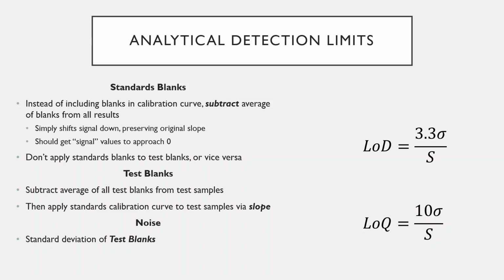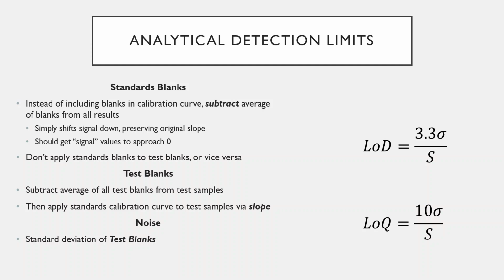This is in effect getting rid of that background noise from all your samples and should in effect just move that line down and not affect the slope. So you should get a value whose y-intercept does approach 0. And maybe if you had slightly different bias results at the higher concentrations, it might not technically be 0, but it should be pretty close. And it should still preserve that original slope.